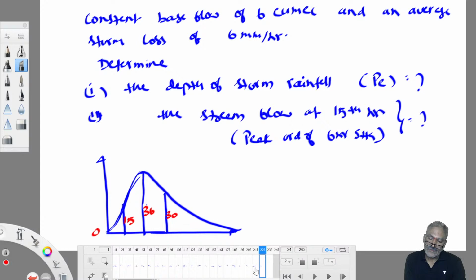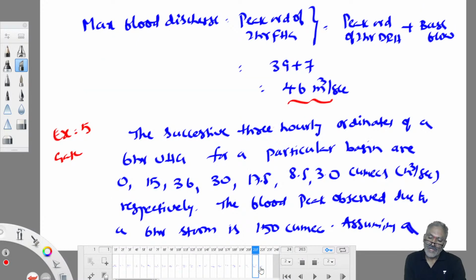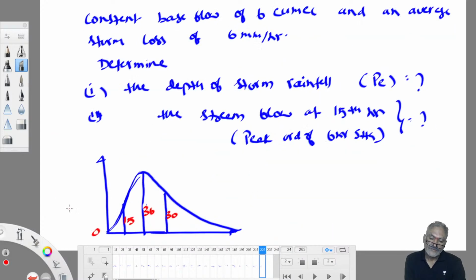Then 3 more are there now: 17.5, 8.5, 3 and 0. Not to scale.